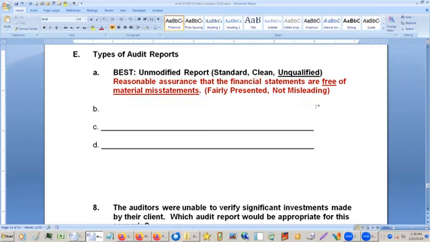The next best. Second best. This is a qualified report, sometimes called a modified qualified, and sometimes called an except for report.